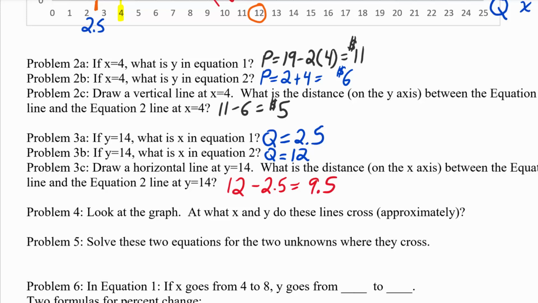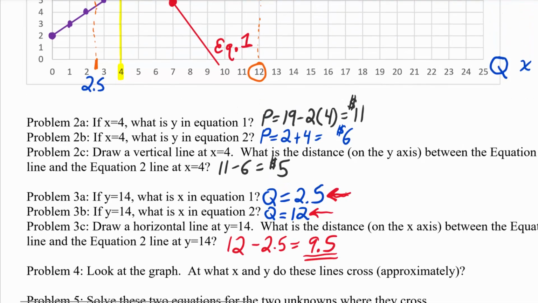According to one equation, we might be producing a quantity of 2.5 gallons of gasoline. In the other situation, we might be talking about 12 gallons of gasoline, or 12 million units, and this might be 2.5 million units. What's the difference? 9.5 million units.